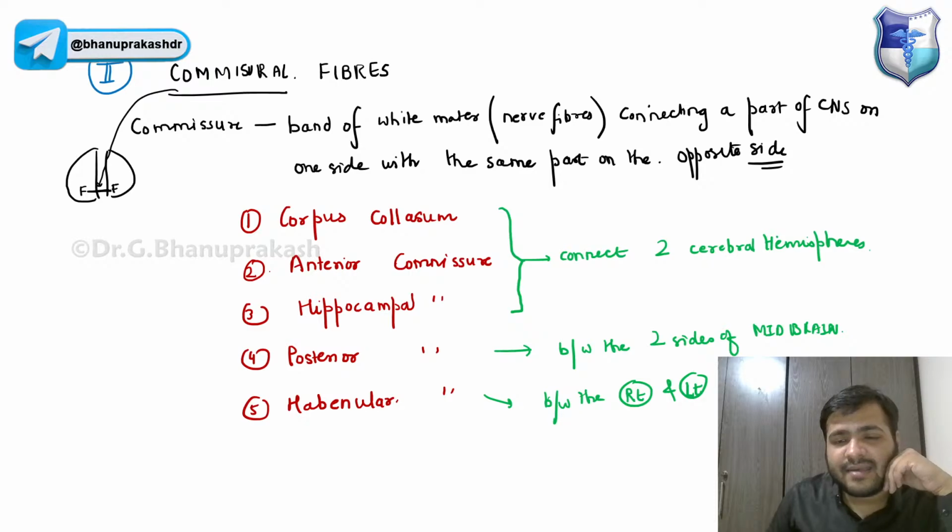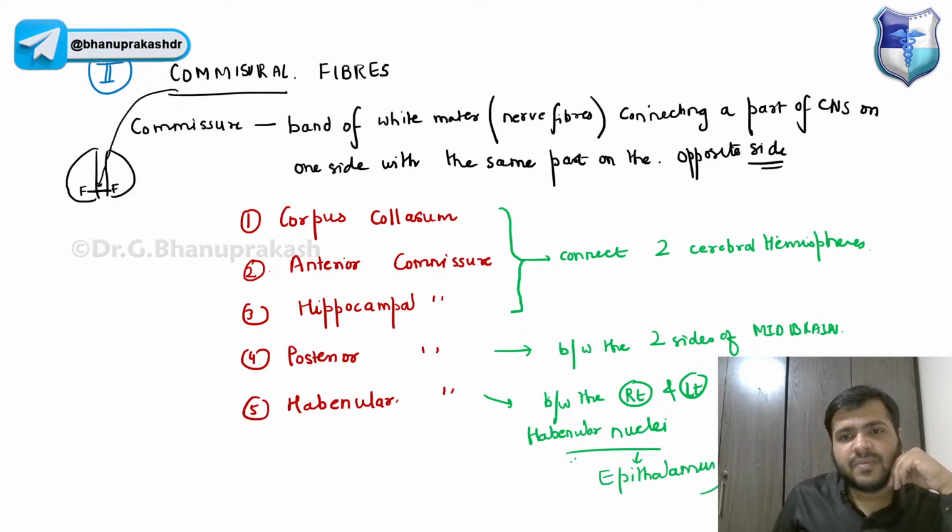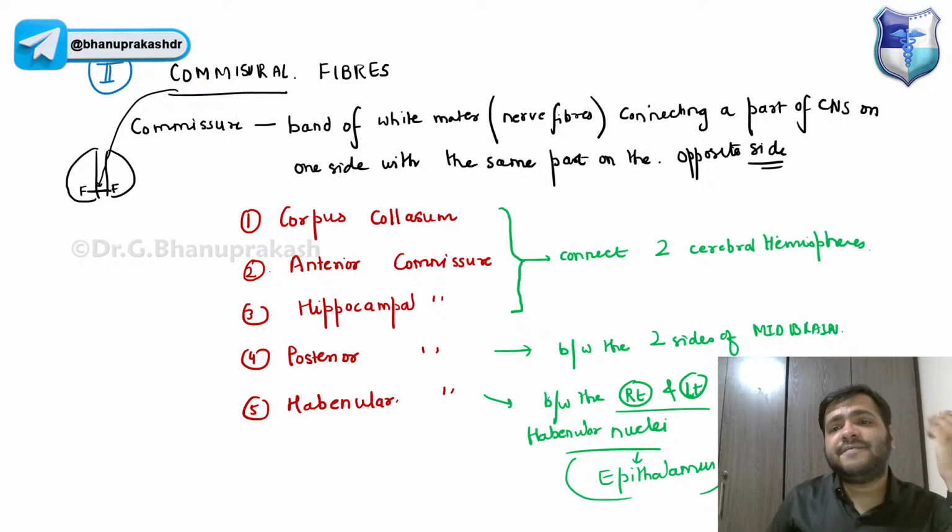There is something called the habenular nucleus, guys. These habenular nuclei are present in the epithalamus. So basically they are connecting the right and left habenular nucleus of the epithalamus.